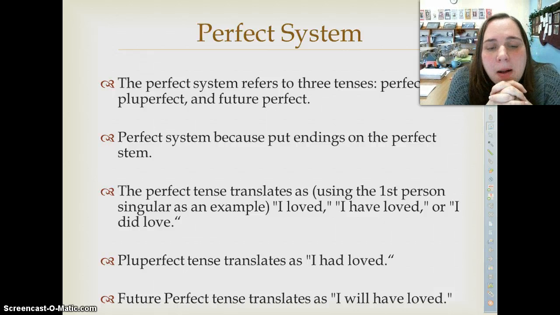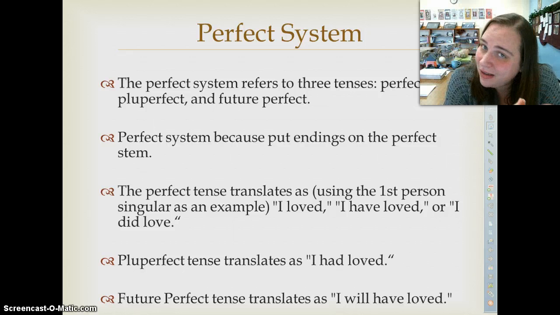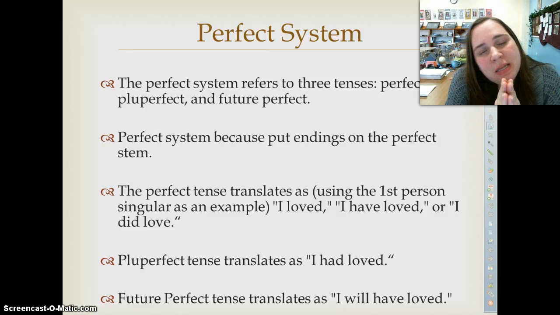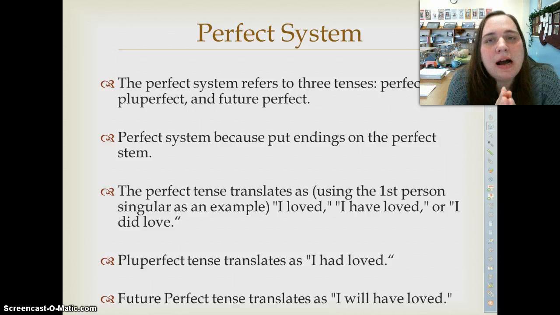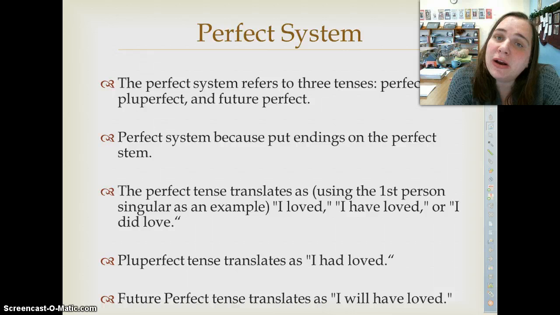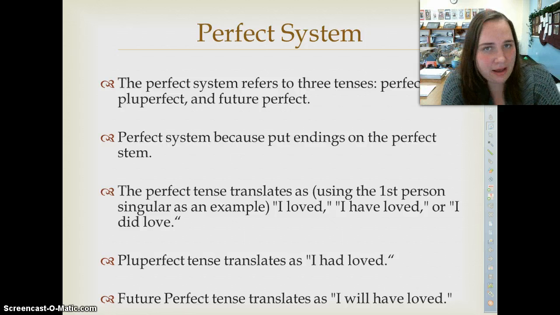The pluperfect tense translates as I had loved, and that's because the pluperfect, sort of on a past timeline, falls farther in the past than the perfect. The future perfect translates I will have loved.